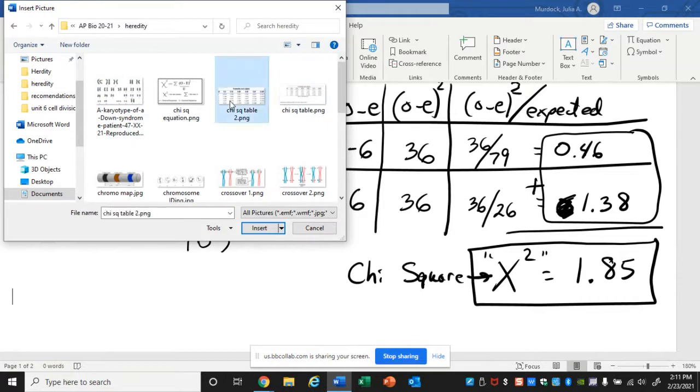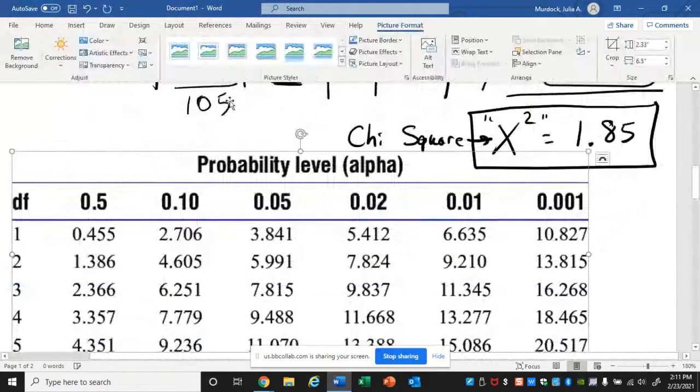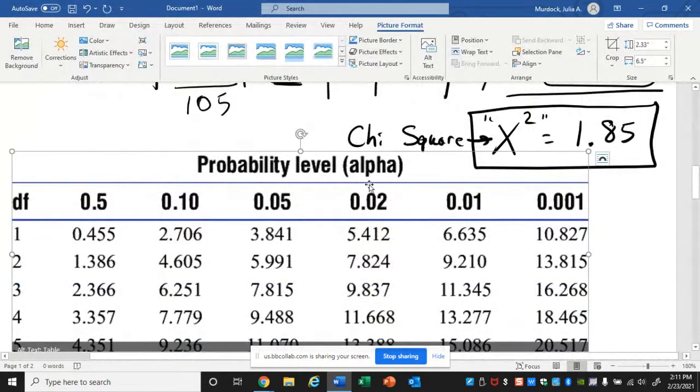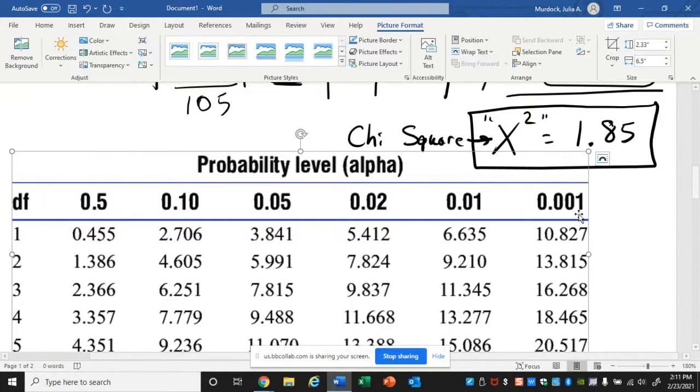Yes, chi-square table. There we go. Here's the chi-square table. Okay, look at that. So now I have something that I can look at, and there's a couple of things I need to do. I want to compare my number, 1.85, to a number from this table that fits the same parameters as my experiment.